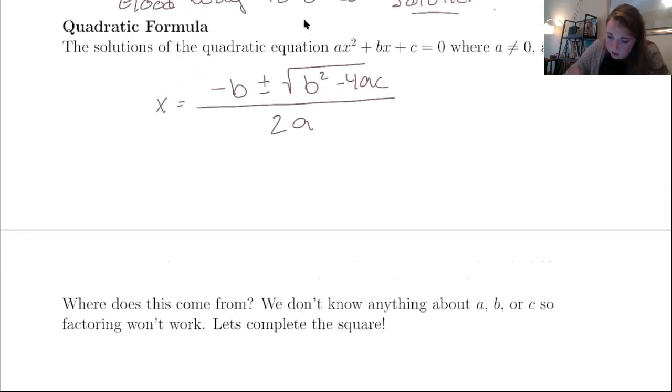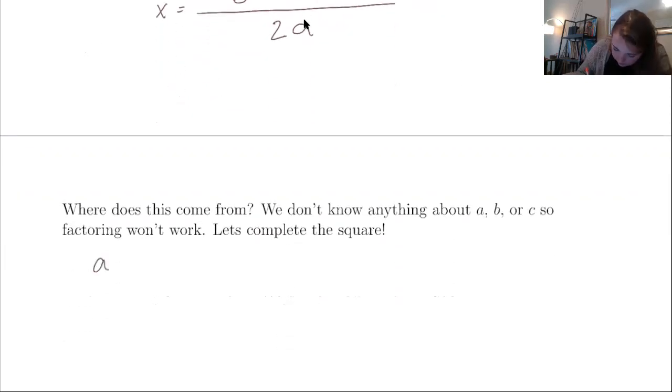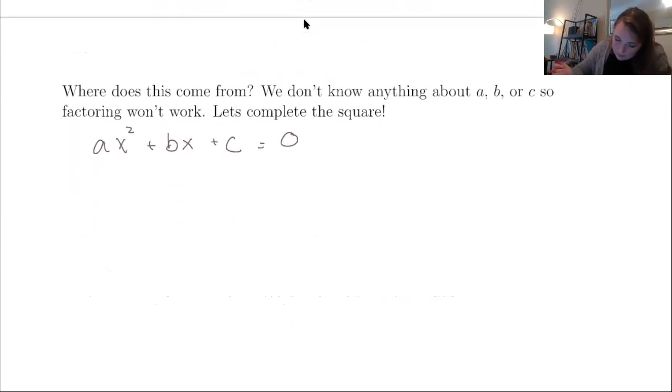We don't know anything about A, B, or C, but we can just create this crazy formula. And obviously, since I don't know anything about A, B, and C, I can't really factor from there. So what I can do with ax squared plus bx plus c equal to 0 is complete the square, right? Does anyone remember how we complete the square? What's our first step?